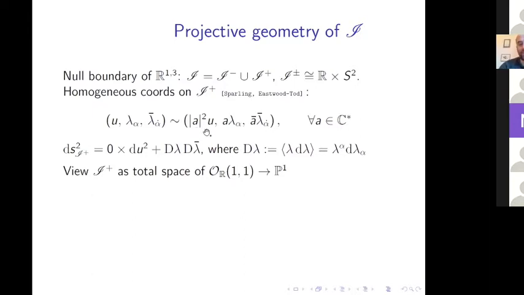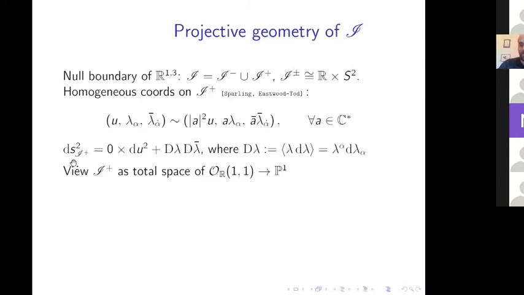And that's actually dictated by the Lorentz group. So we want this coordinate representation to preserve Lorentz invariance. That's one advantage this has over the usual Bondi coordinate chart: it doesn't break Lorentz invariance. But for that to be true, u needs to scale as mod squared of a whenever we do one of these projective rescalings.